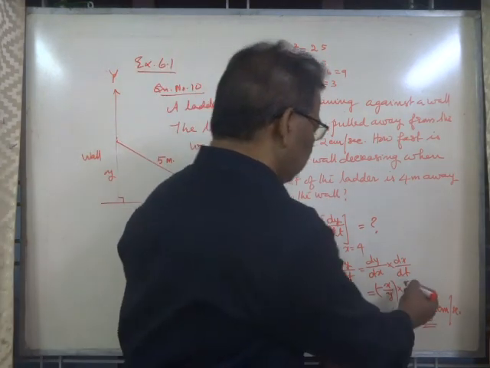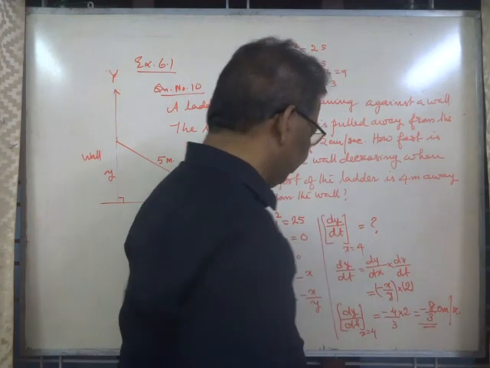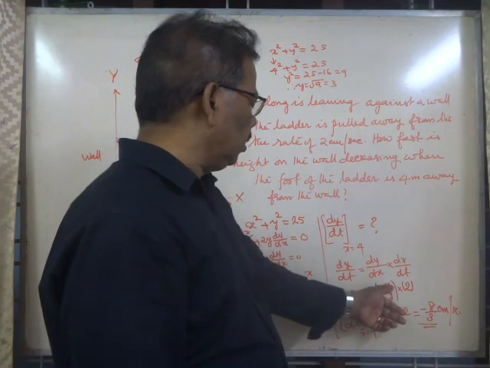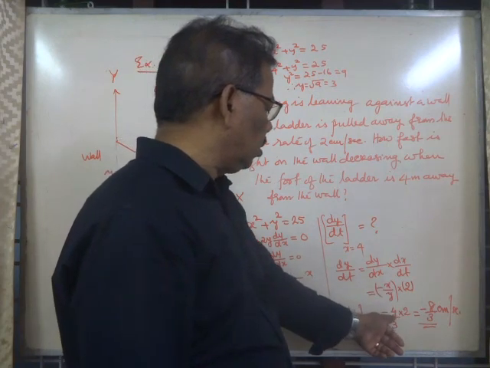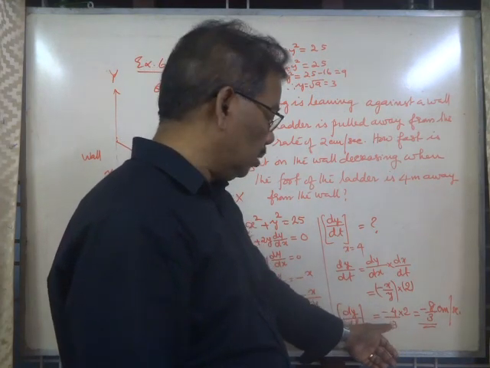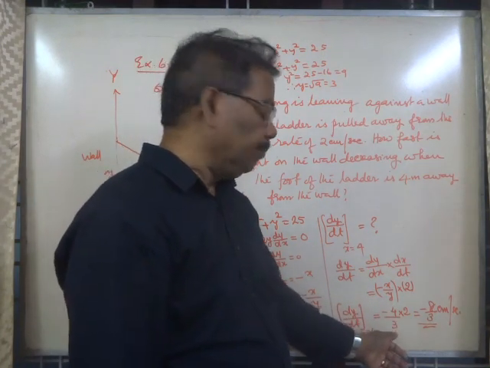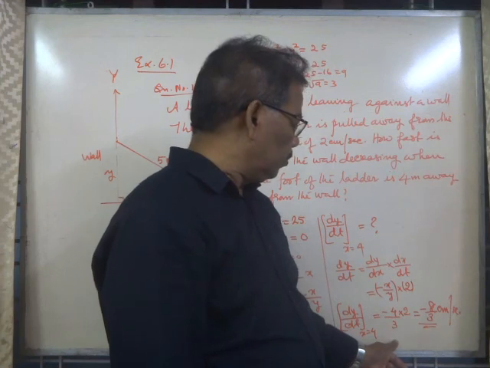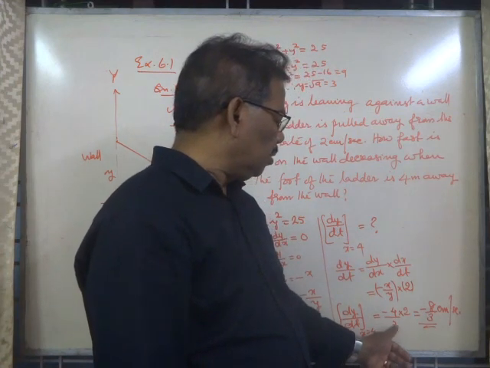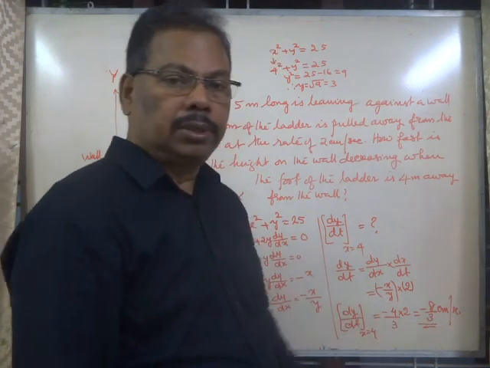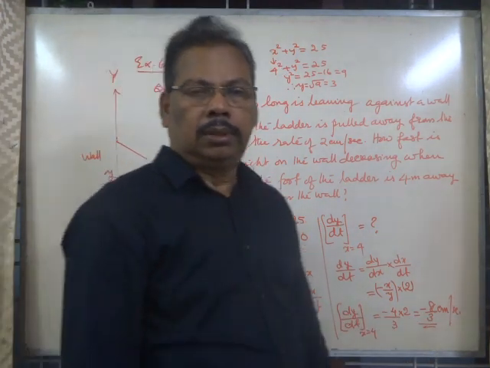Now, at x equals 4, we can write 4 as the numerator. When x is equal to 4, y will be 3. Then negative 4 by 3 multiplied by 2 gives the value negative 8 by 3 centimeter per second. Right.